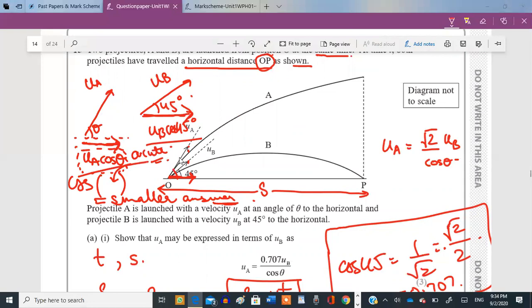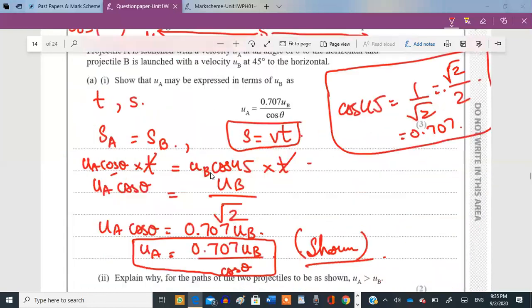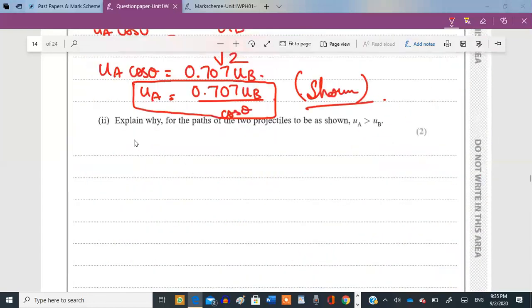So larger acute angle actually means the cos of that angle, the horizontal component of UA, has a small answer. So UA itself must have a large answer to have a large enough velocity to cover the same distance as UB. So since the angle theta of A is larger than 45 degrees, clear?